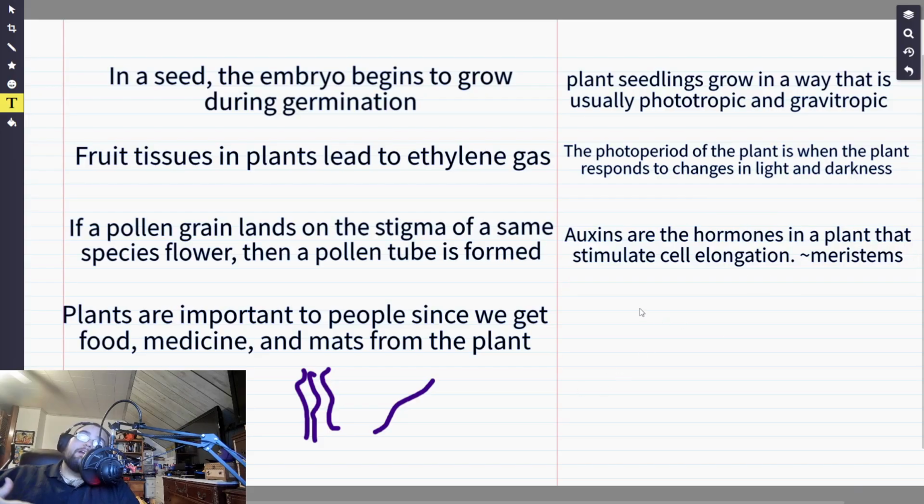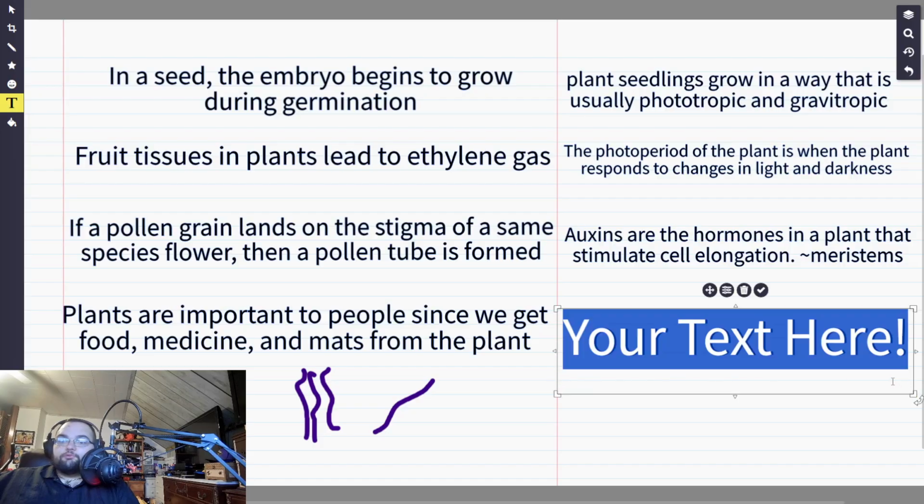You know, again, the meristems are at the tip of the root, tip of the stem, and they allow for the plant to continue to grow more and more. Auxins are the hormones that say continue to grow. One last multiple choice, and we're over halfway through. So feel good about yourselves.